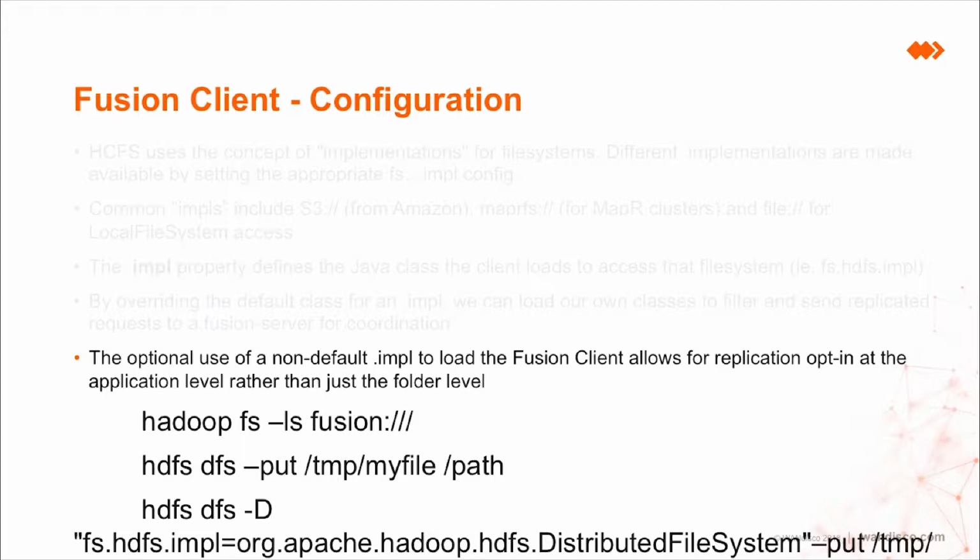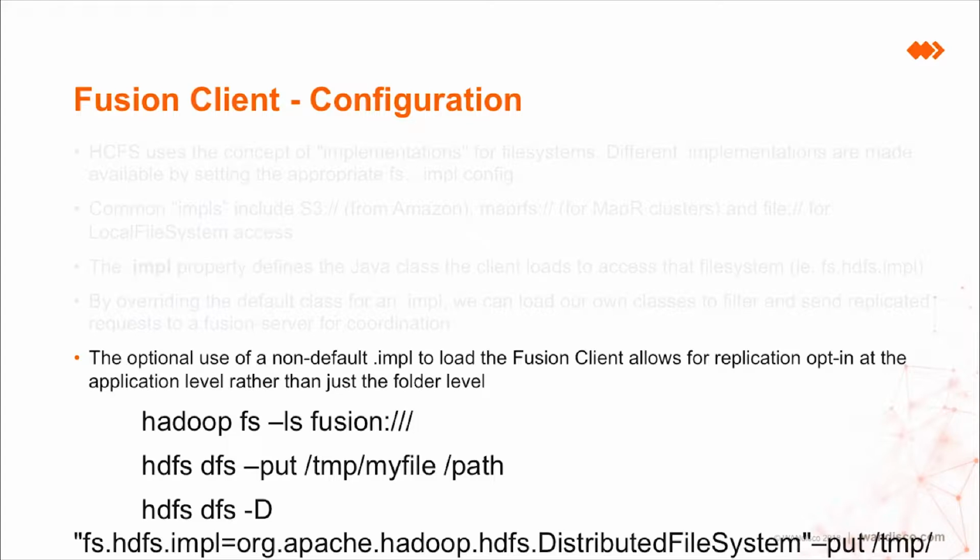The optional use of a non-default impl to load the Fusion client allows for replication in an opt-in manner, rather than just at the regular folder level. An example of this command could be hadoop fs -ls fusion:/// with three slashes, and that will list the directory in the Hadoop file system.